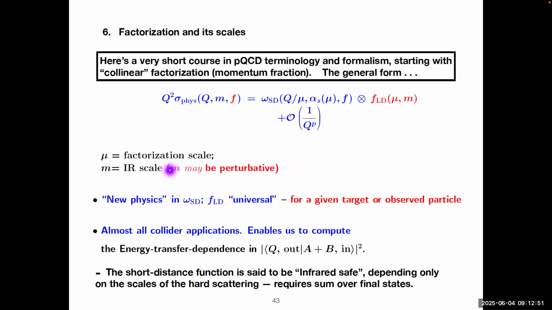Now, in some cases, M can be perturbative, and you can write this kind of cross-section in terms of perturbative quantities on both sides for certain cross-sections, in particular for something like jets at e+ e-, where you can calculate that just entirely self-consistently in perturbation theory, as long as you don't make the scale M, say the mass of the jet, to be really at the hadronic scale.